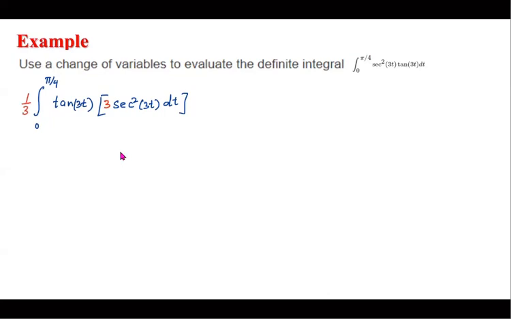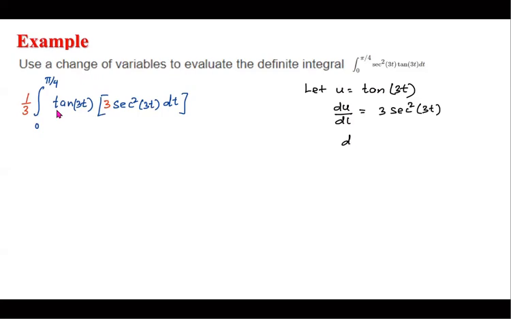So I can do it this way, and then I can use the u substitution. So u is equal to tangent 3t. We consider, let u equal tangent 3t. So we find du over dt, but here the angle is 3t, so for tangent 3t the derivative will be equal to 3 secant squared 3t.